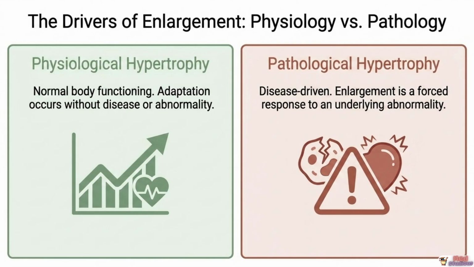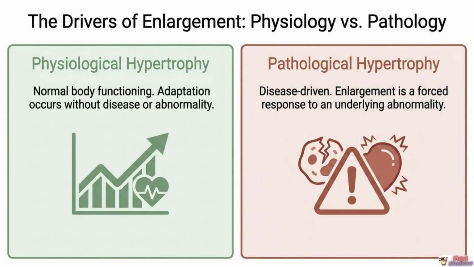The enlargement is a compensatory response to something going wrong, not something going right. And crucially, while pathological hypertrophy may initially be adaptive and helpful, it often eventually becomes harmful, reaching a biological ceiling beyond which the enlarged organ begins to fail.